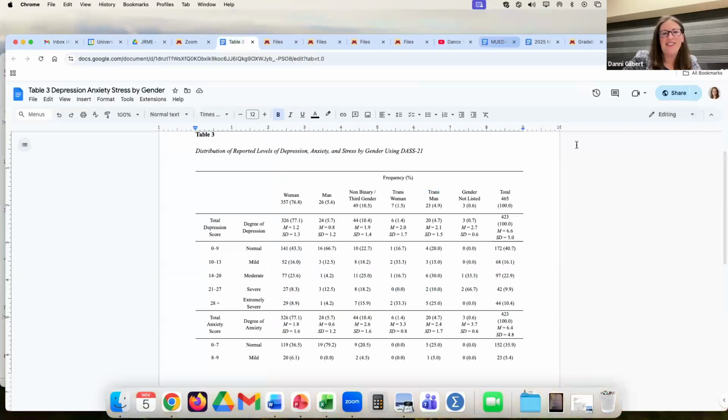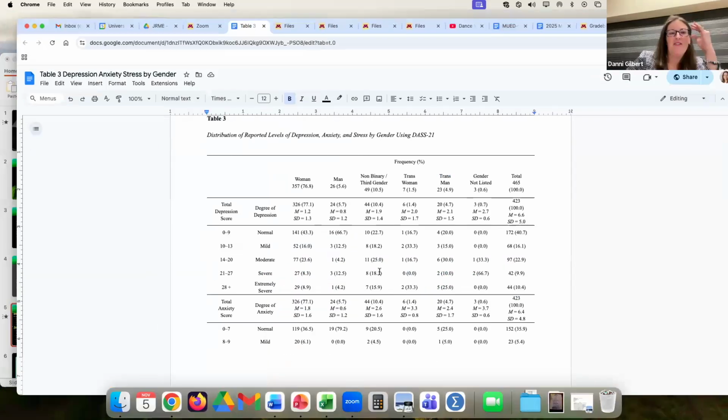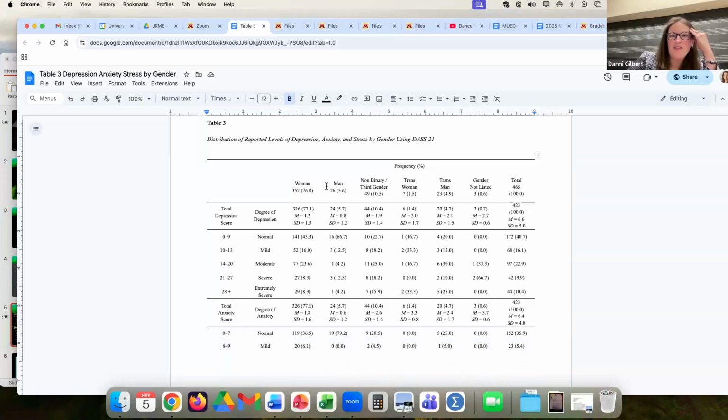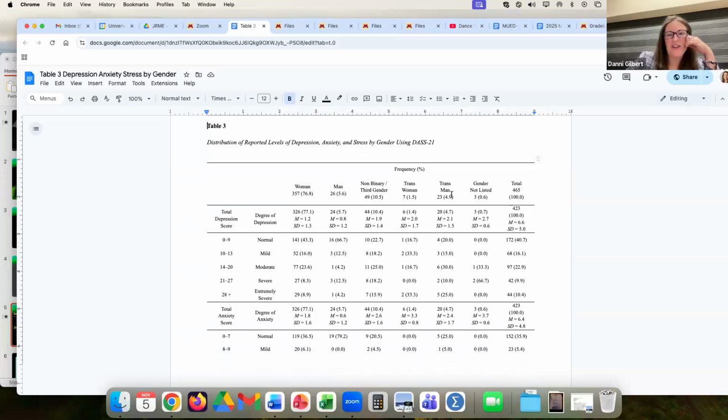All right, so this is an example of a distribution of different demographic features that I created for a project that I recently completed. We have the actual number of people in each category, and then in parentheses is the percentage of people that were scored there. And if you look in all of the columns, I've reported the mean, which is the big M, and the SD, which is the standard deviation.